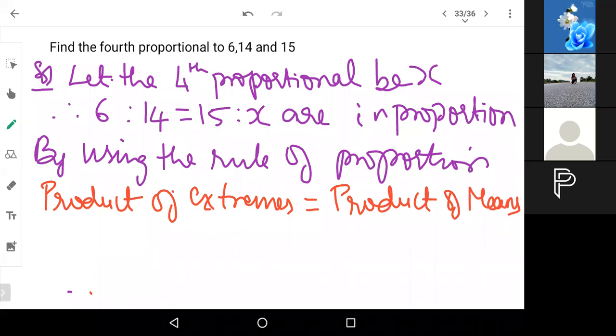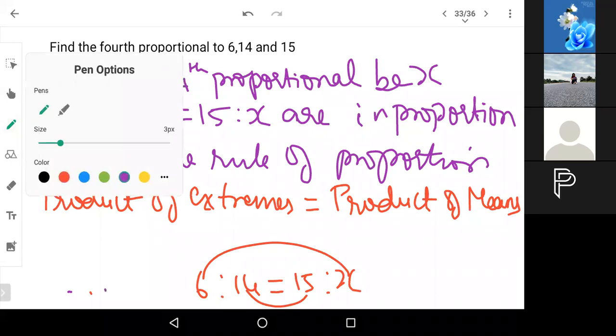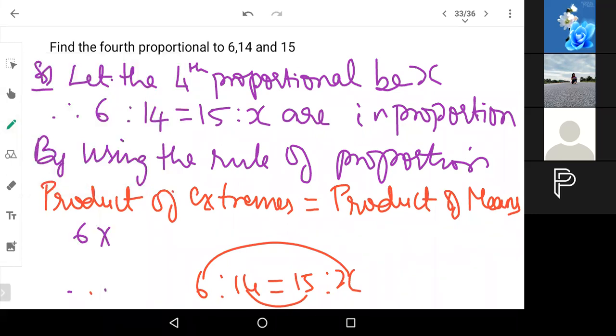So out of 6 is to 14 is equal to 15 is to x, product of extremes is these two and product of means is these two. So what is the product of extremes? 6 into x is equal to product of means, 14 into 15. Now simplify this.